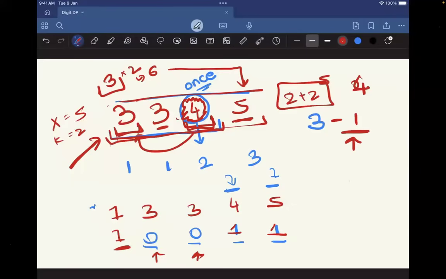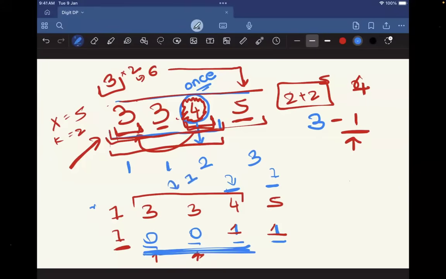Now, if I want to find the number of unique elements in a range, do you agree? Let's say I wanted to find in this range. Do you agree it's just the sum of elements in this range? The number of elements that occur exactly once in this range is 1.